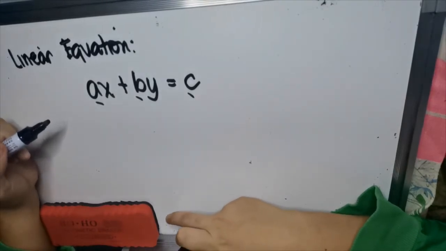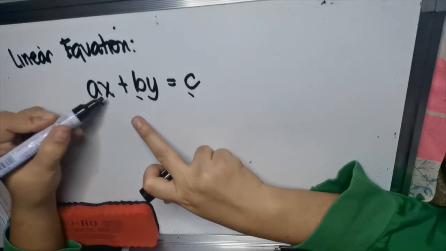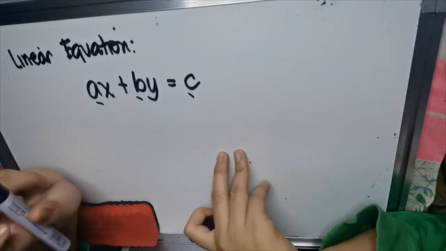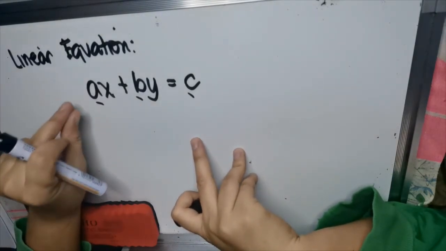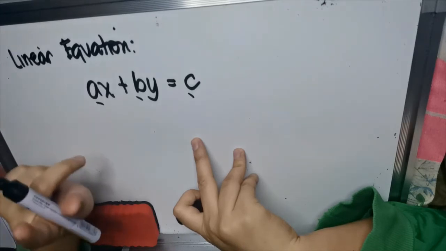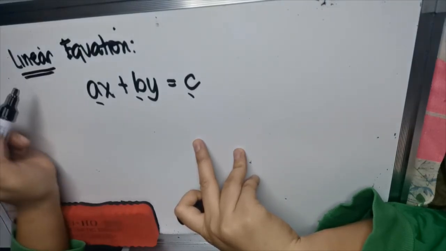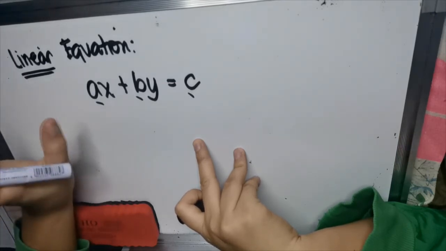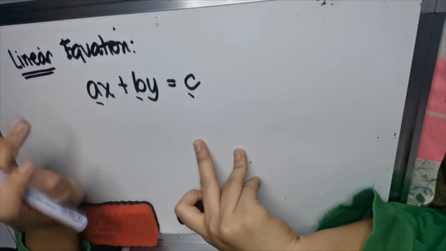And then, a and b should not be 0. Okay? Di pwede maging 0x plus 0y. And then, in this case, ang highest exponent natin ng ating x is 1. Okay? Para masabi siya na linear. Kapag ang highest exponent na makita nyo dyan is not 1, so that is not a linear equation.